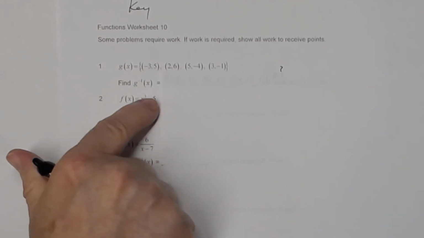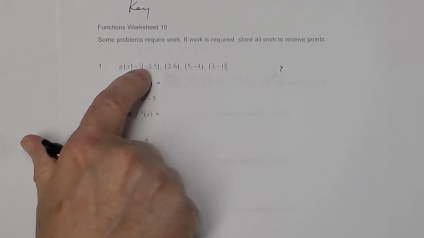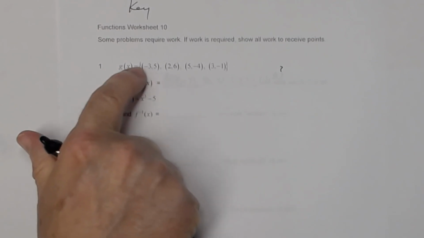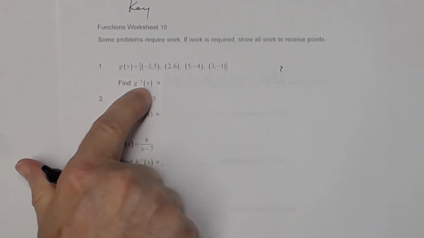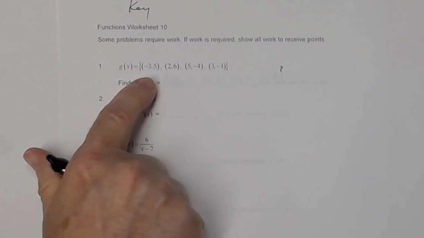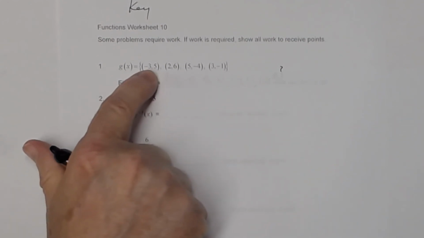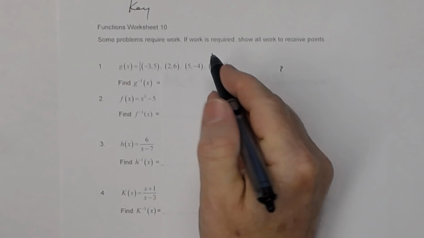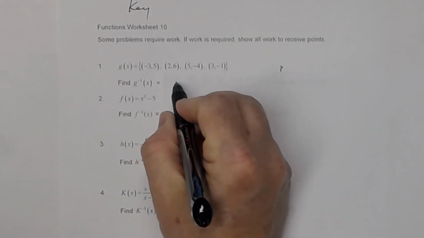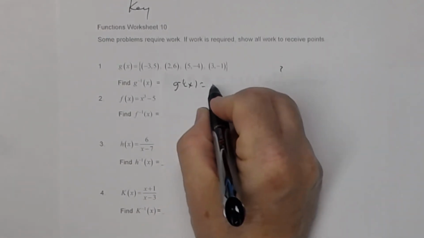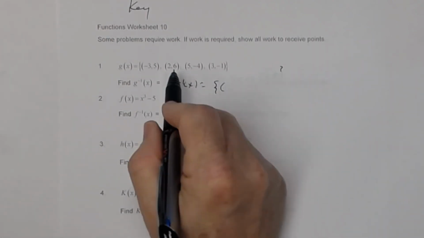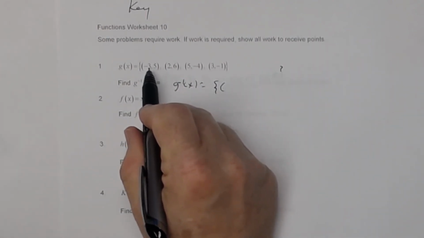When you have inverses, if -3, 5 is on the graph of g of x, then the point that corresponds to it on the inverse is where you interchange these. So g inverse of x is going to be, remember, on g of x you have -3, 5.